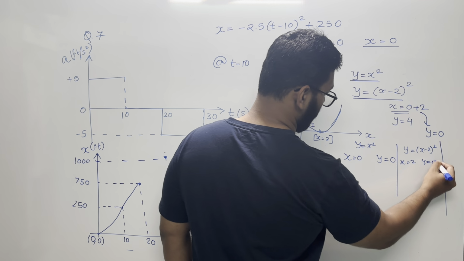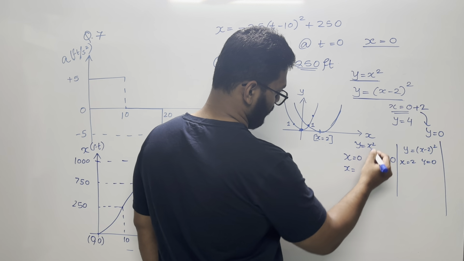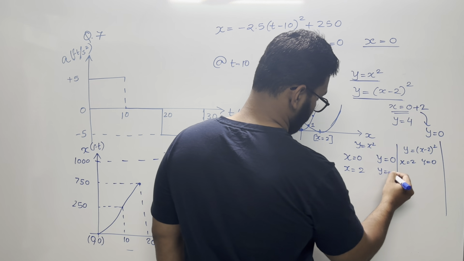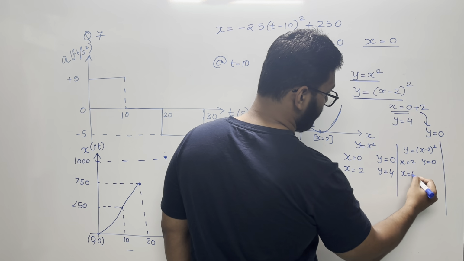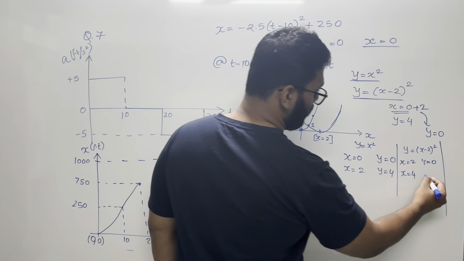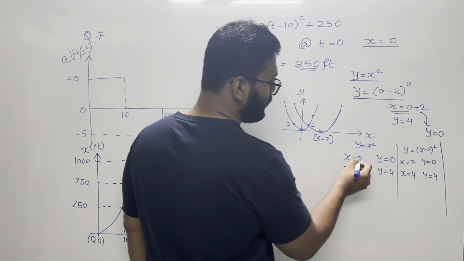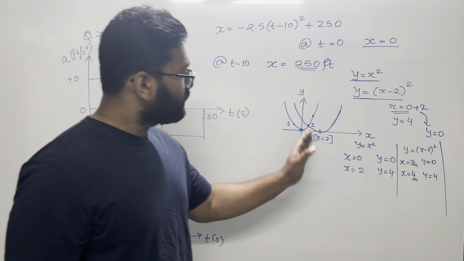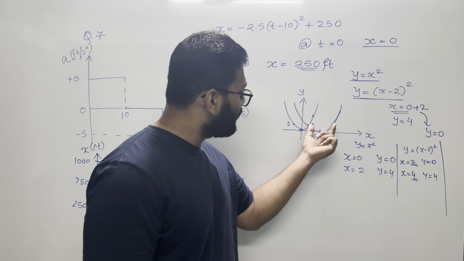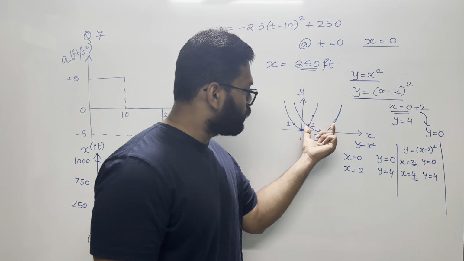Then only I will get y equal to 0. If my x is equal to 2, then y is equal to 4. To get the same value of 4, I have to input 4 to get y equal to 4. So all the input values are increased by 2, right? So that means the same values of y will only occur when I shift this by 2, right?